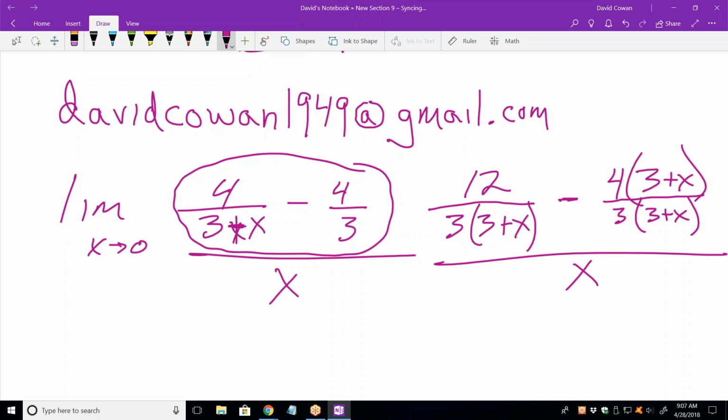Now, if we operate on the numerator, we end up with a minus x, over 3 times 3 plus x, all divided by x. Now notice that if I flip the bottom and multiply, the x's go away.